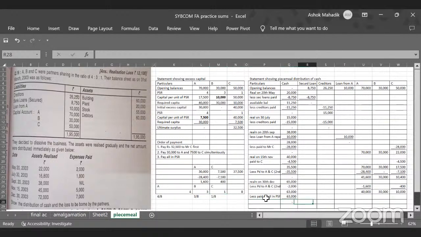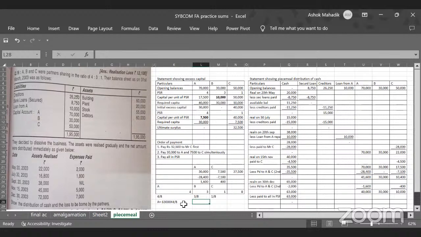Okay, so let us do it in the statement itself. So we'll do it for A here. While paying A, the 63,000 amount to be distributed, A's share is 4 divided by 8.